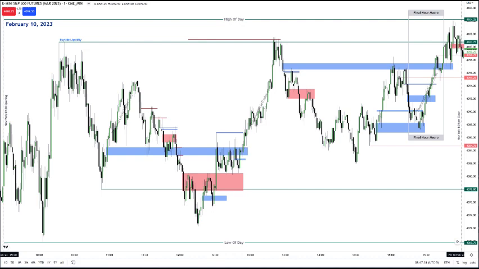The low that you're anchoring to on the 1442 time candle, that price comes in at 4084.75.